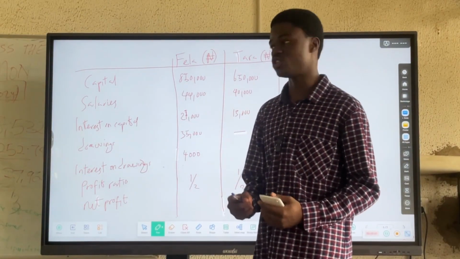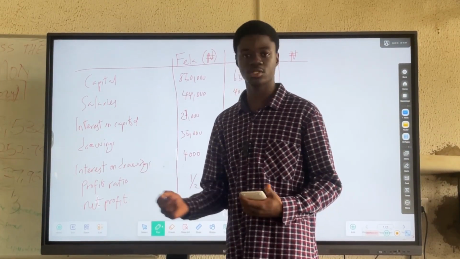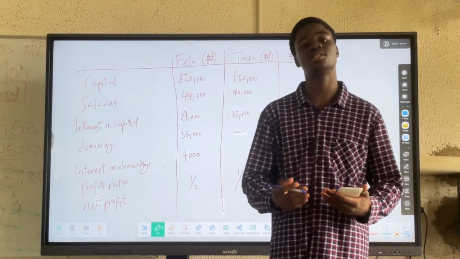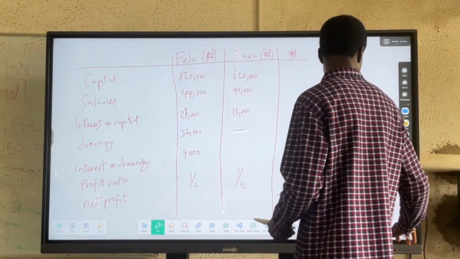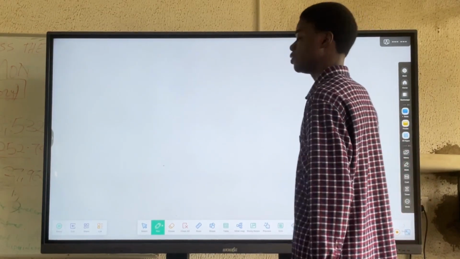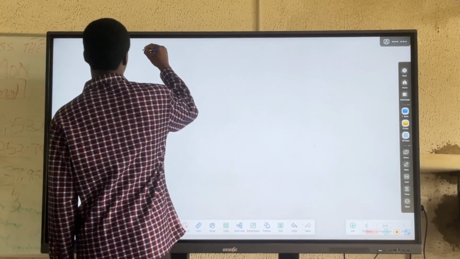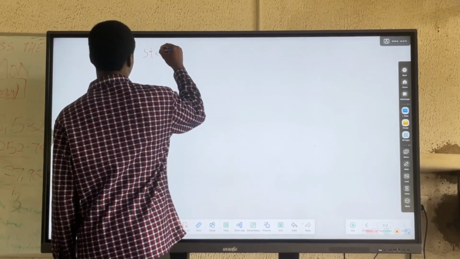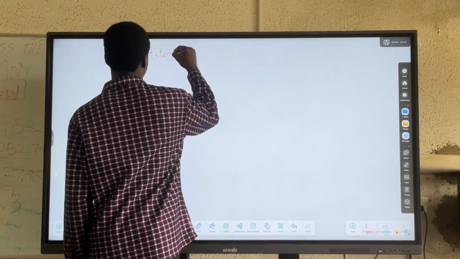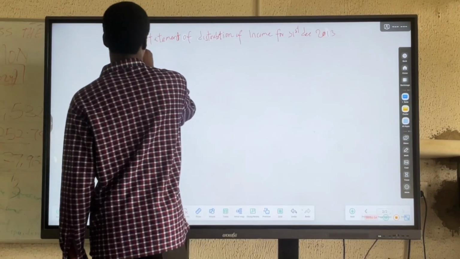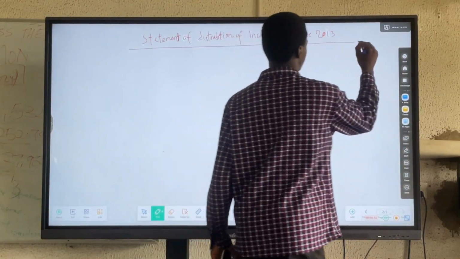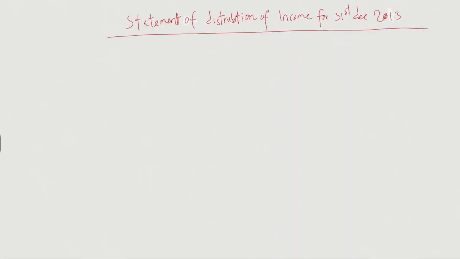The first thing I would like to do is to prepare the profit and loss allocation account. The profit and loss allocation account is the same thing as the statement of distribution of income, right? So let's go ahead and prepare the statement of distribution of income. We're going to have our two naira columns.